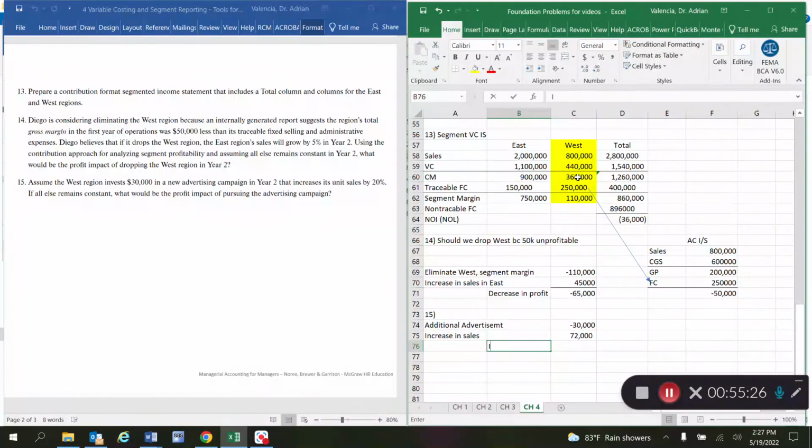So the increase in profit for the whole company is, let's do the math right here, $42,000. So that's a better alternative. Instead of eliminating the West and losing out on additional profitability for the whole company, maybe this additional advertisement campaign that's going to cost us $30,000 is a good bang for the buck, because it's going to end up increasing profitability for the overall company by $42,000.